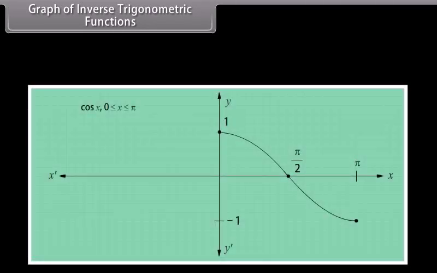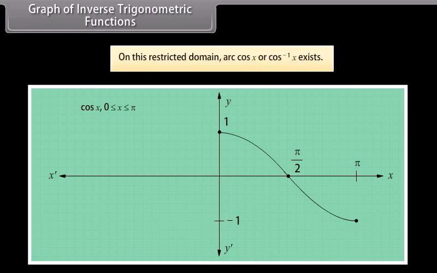The derivations of the graphs of arc cos x and arc tan x are similar to that of arc sin x. In both instances, intervals must be restricted. For arc cos x, we use the [0, pi] piece.